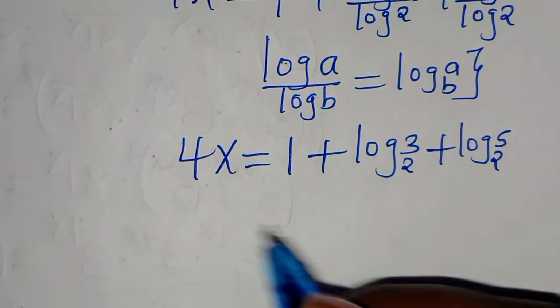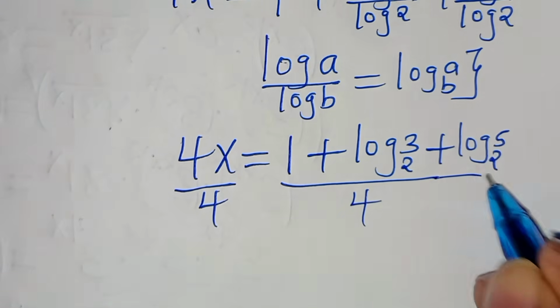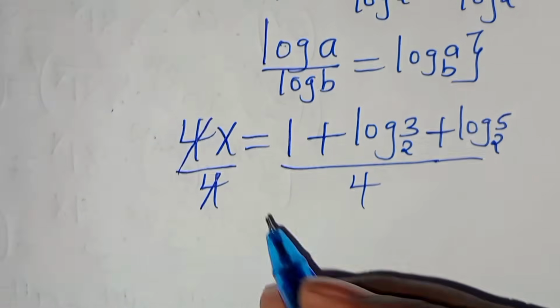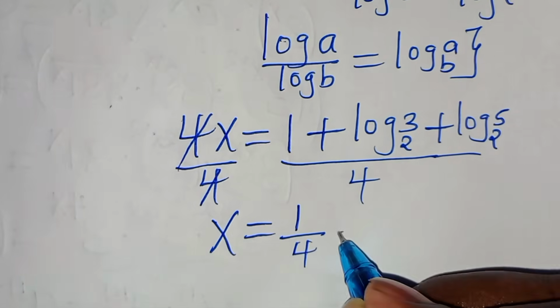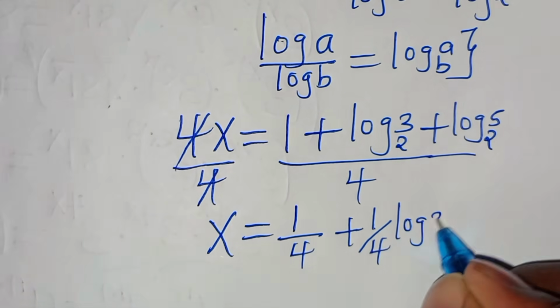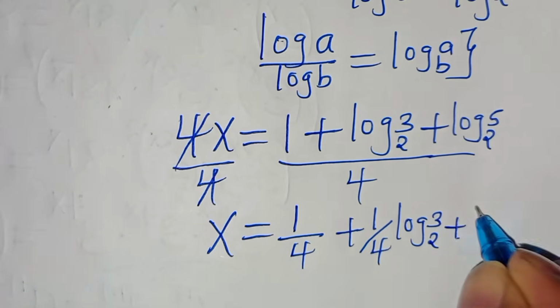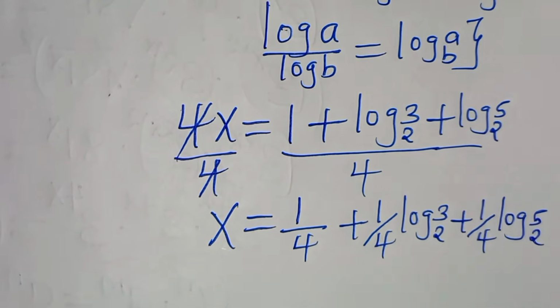Now, the next step is to divide both sides by 4. And this is to mean that x is equal to 1 over 4 plus 1 over 4 log 3 to base 2, then plus 1 over 4 log 5 to base 2.